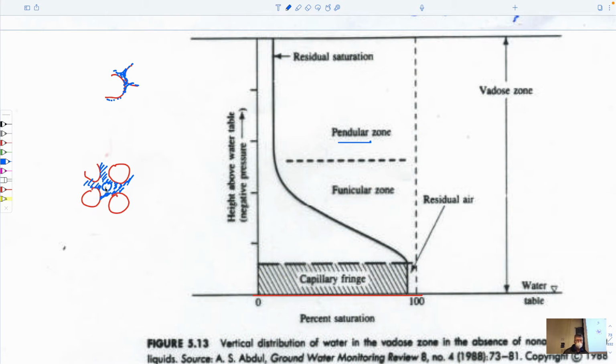So this, blue is water. And funicular means like a cog railway, funicular railway. It means that to move this bubble, you have to carry it with the motion of the water. And so they represent fundamentally different components.